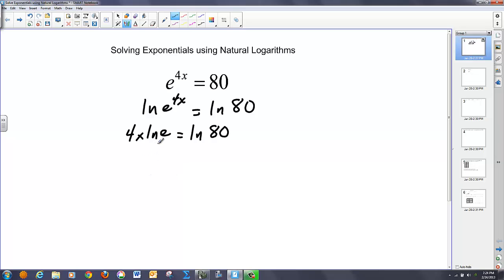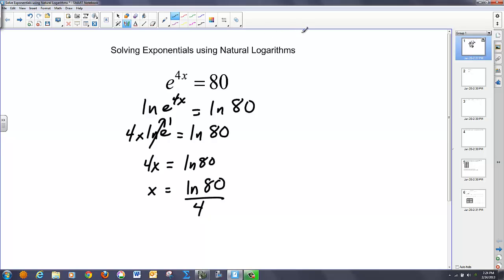Natural log of e basically says what power of e is e, and that's 1. So I have 4x equaling the natural log of 80. Divide both sides by 4, and I get the natural log of 80 over 4.